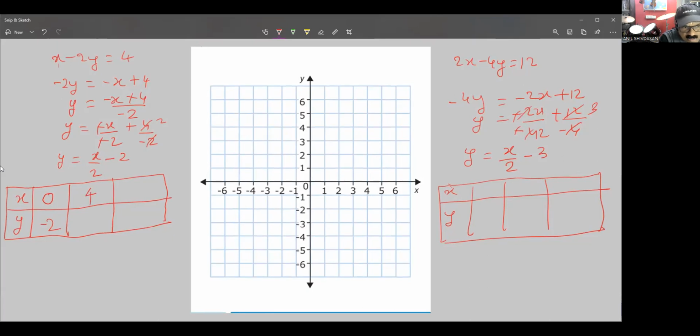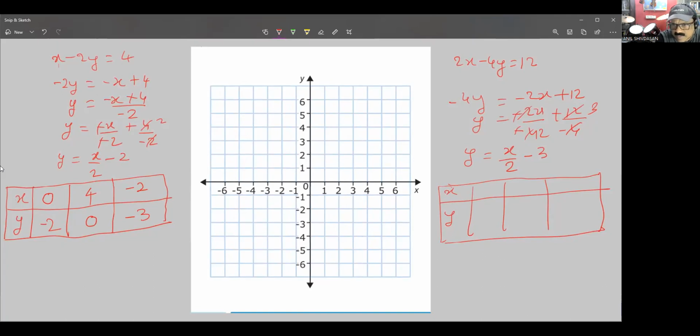So 4 upon 2 is 2, 2 minus 2 is 0. And one more you can do, suppose we take x as minus 2. So y will be minus 2 upon 2, which is minus 1, minus 2, minus 3 you'll get here. These are the 3 points which you could plot for x minus 2y equal to 4.